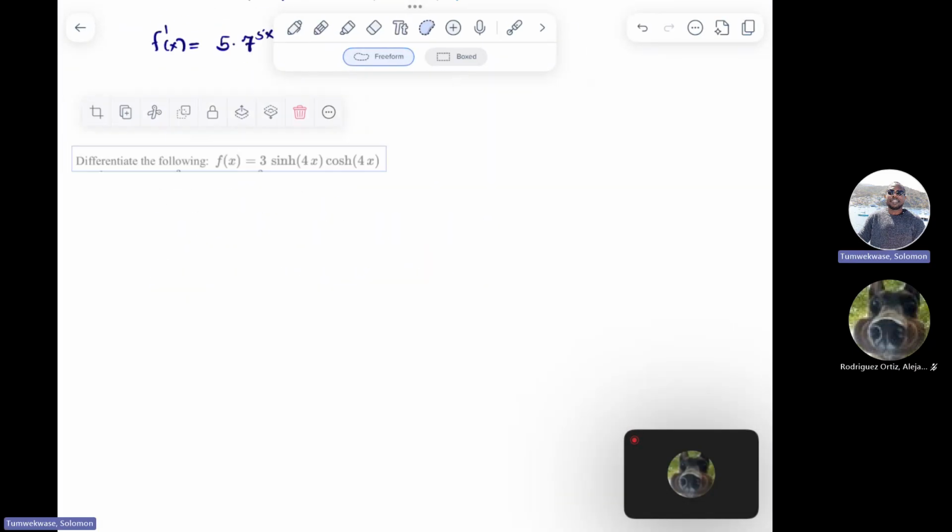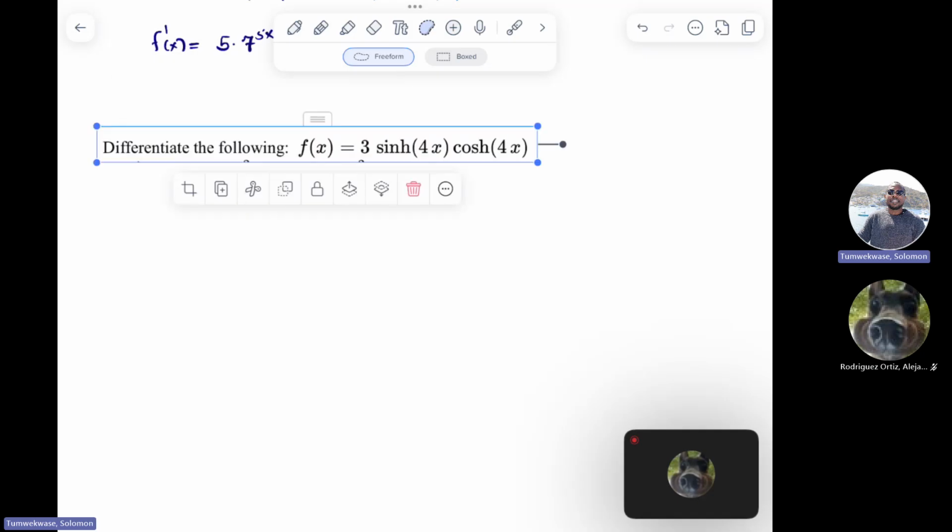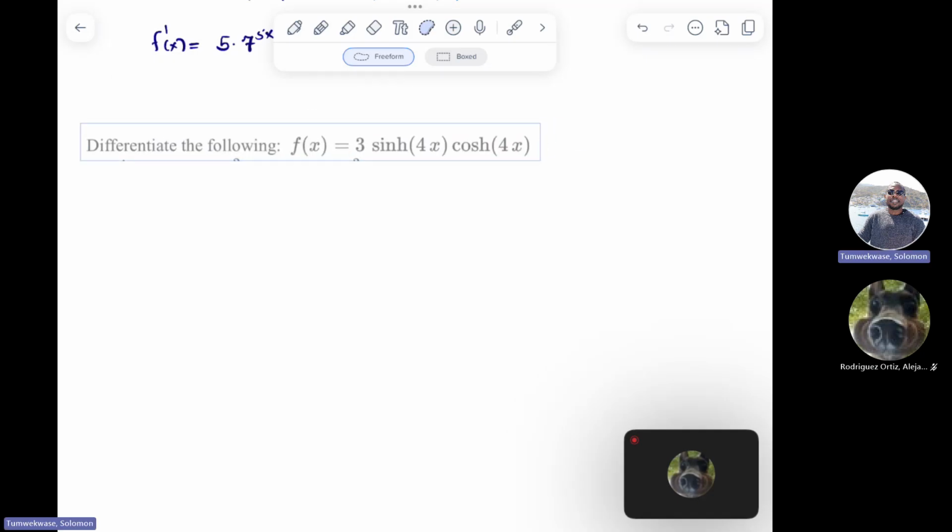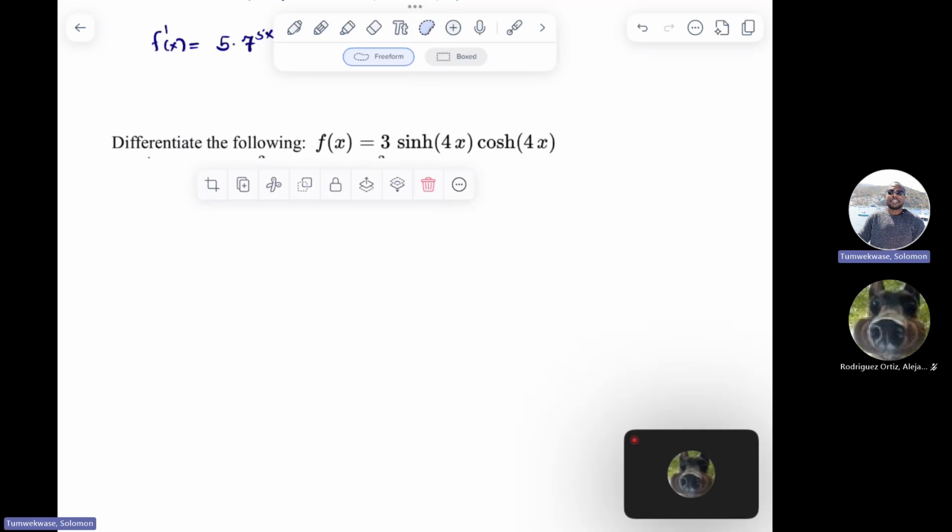Okay, maybe this can be my last one. As usual, this is product rule. So once again, let us see what happens if we do it in two ways.